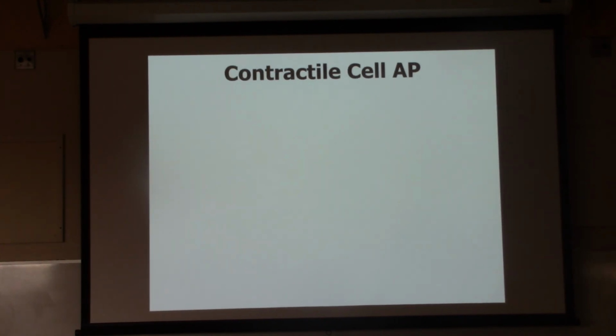All right, so the action potential for a contractile myocardial cell. For some reason, we're going to start with step 0, as opposed to step 1. First step, sodium channels open in the cell membrane and the cell depolarizes. So which way is sodium going to diffuse?